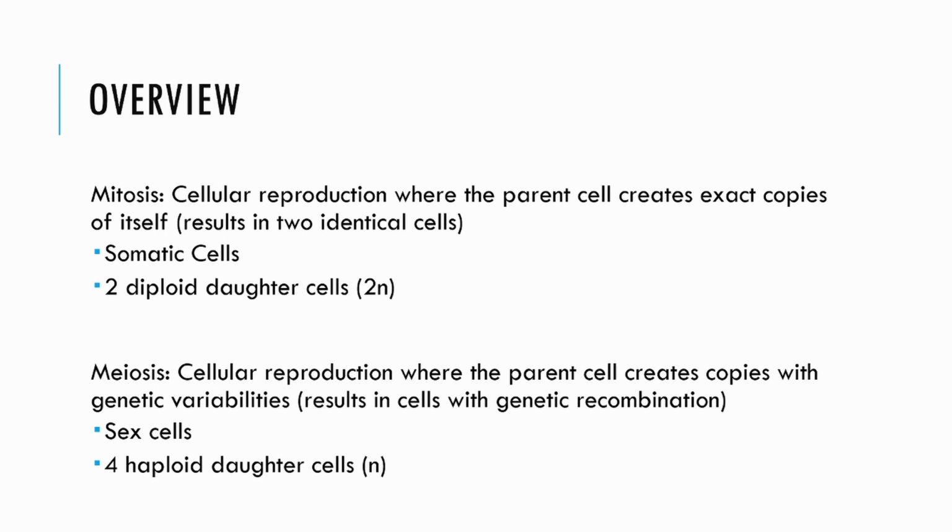These are all somatic cells. And since we're creating identical cells with two copies of each chromosome, we call them diploid daughter cells, or 2N, N representing the number of sets of chromosomes. So as diploid, di meaning two, we have 2N, two sets of chromosomes.